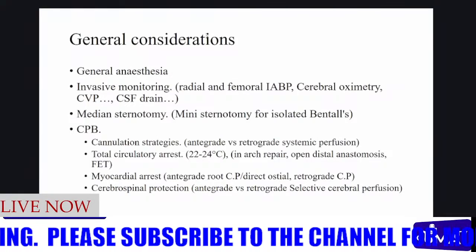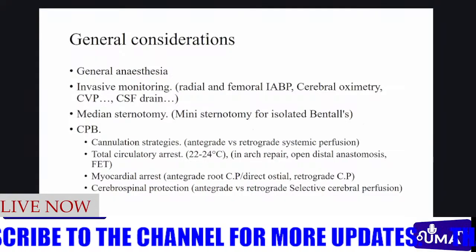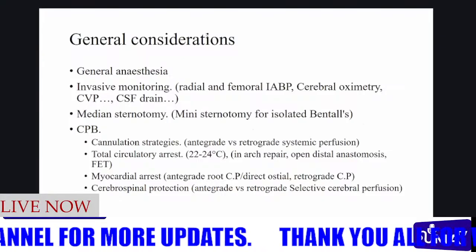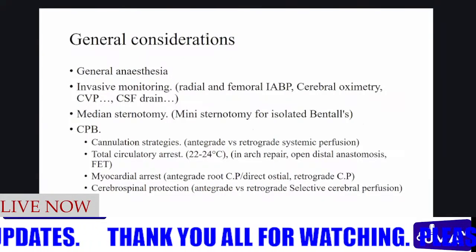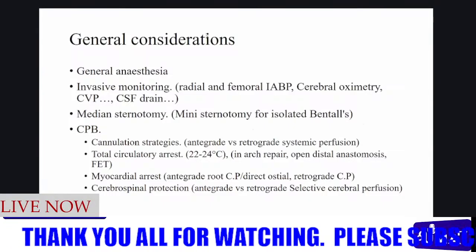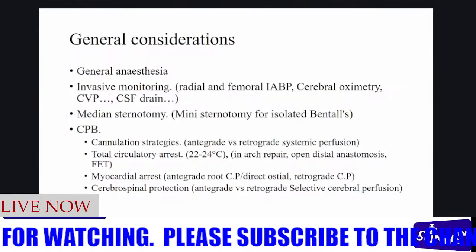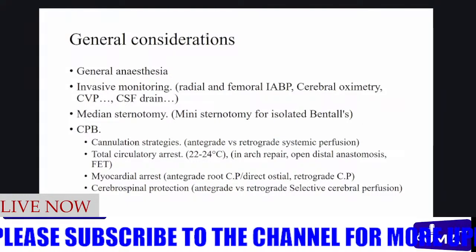What are the general considerations? Of course, this is general anesthesia. You're going to make this patient sleep. These are patients you must do under continuous invasive monitoring. So you have an arterial line, you have a CVP line, you have cerebral oximetry on to monitor cerebral oxygenation.